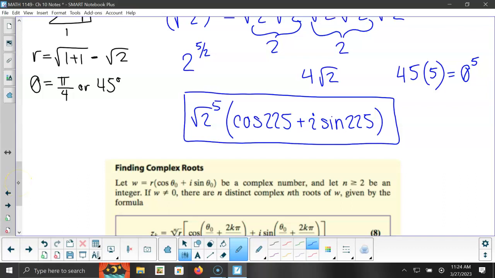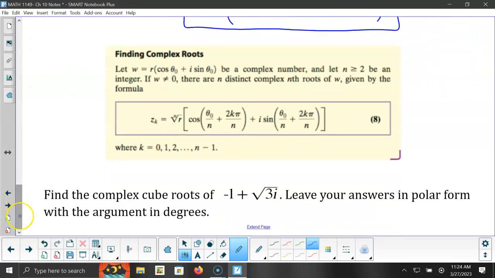The next one. Yeah, it's hideous. All right, ready to find the complex roots? This is ugly. All right, so I would definitely do this. n as a square root needs to be greater than 2, and then k is going to be each of our different roots.